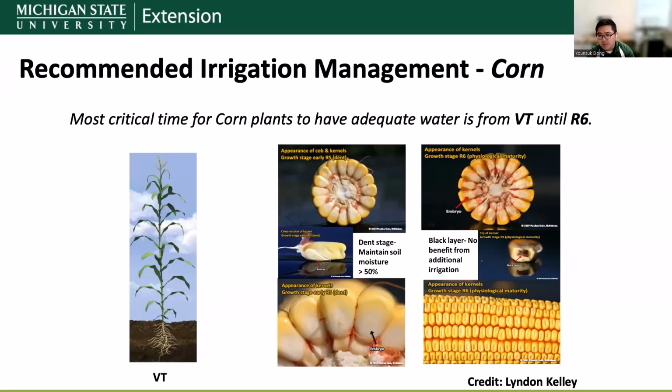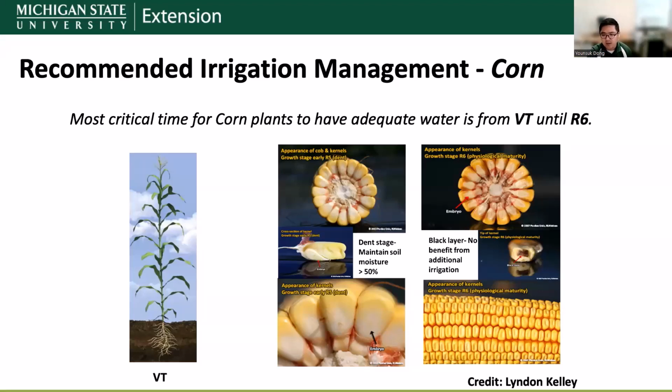We typically recommend that when corn is at R5, the dent stage, make sure the soil moisture is greater than 50%. When you see the black layer on the corn grain, other studies also show that there's no benefit of putting extra irrigation after you see that black layer.